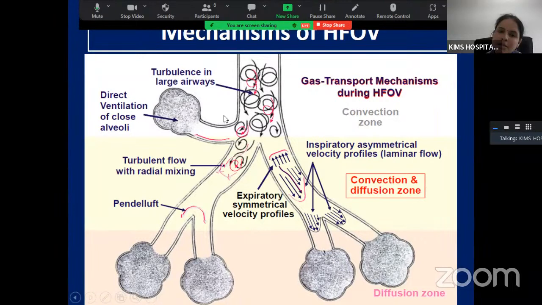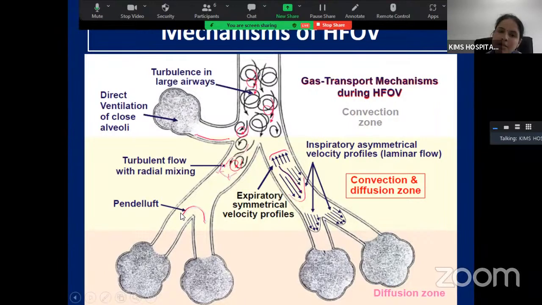One of the easy to understand and plausible mechanisms is that there is, to some extent, direct alveolar ventilation of the proximally placed alveoli that are closer to the proximal trachea. Up to this point, regular gas flow occurs, and to a large extent, direct ventilation of the proximally placed alveoli contributes to gas exchange.